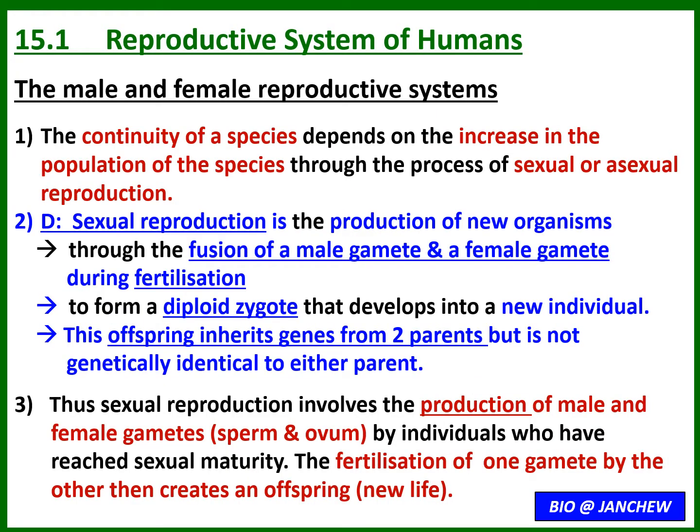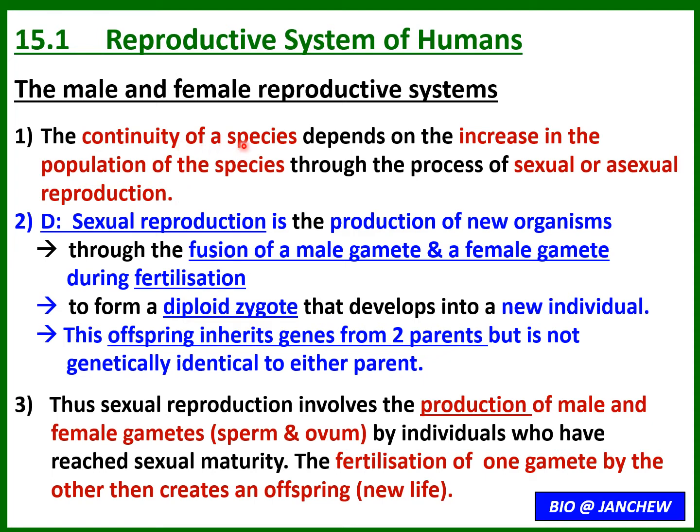Now, firstly, what is the necessity for reproduction? So, the continuity of a species depends on the increase in the population of the species through the process of sexual or asexual reproduction. So, the process of reproduction, that means the formation and production of new individuals for a species, aims to help the species continue to exist.